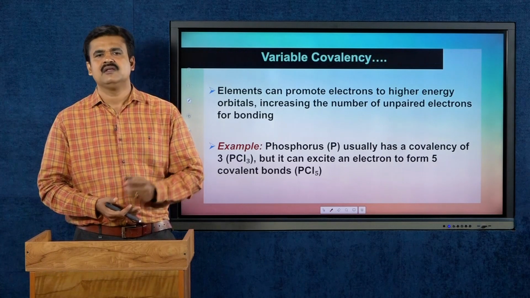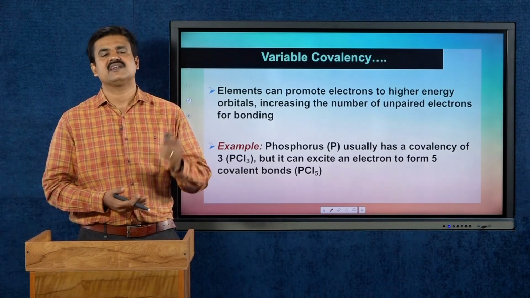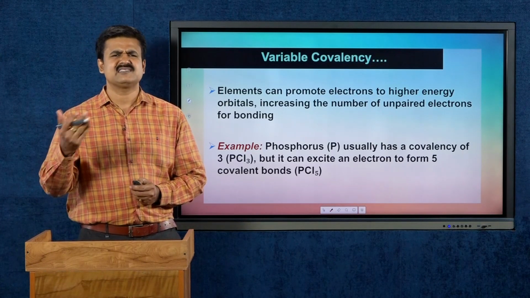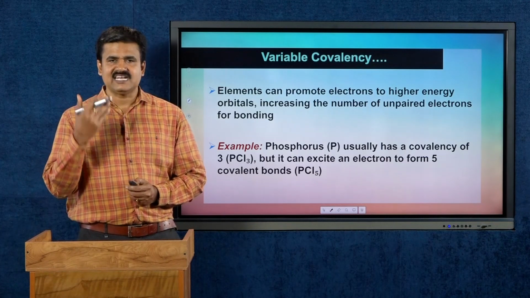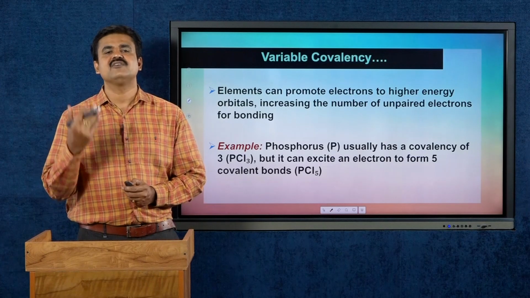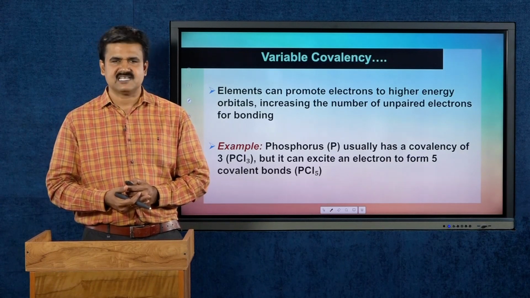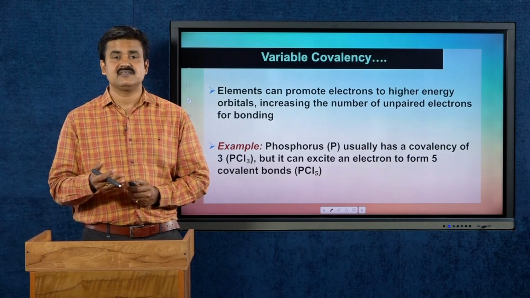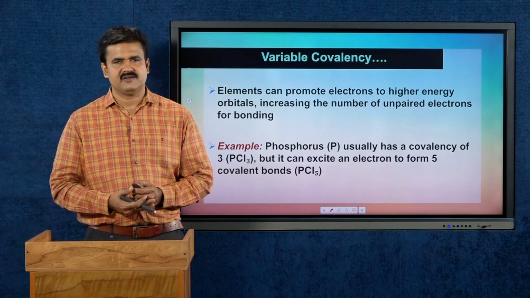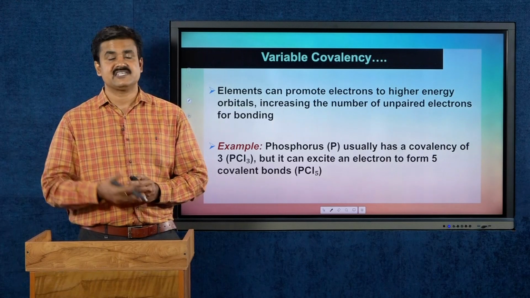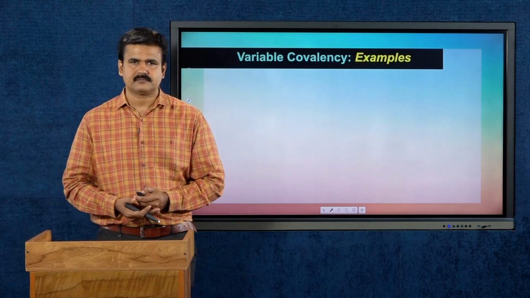For example, phosphorus usually has a covalency of 3. For example, the PCl3 formation. But it can excite an electron to form 5 covalent bonds, that is PCl5. So, phosphorus can exhibit common covalency of 3 and a higher covalency of 5. This is possible due to excitation of electrons.